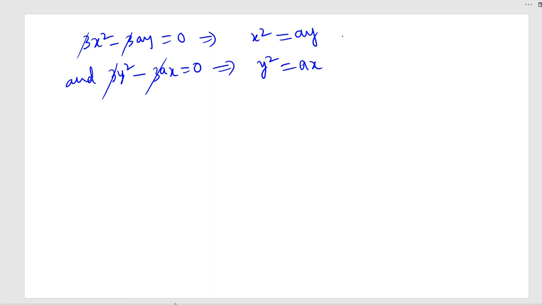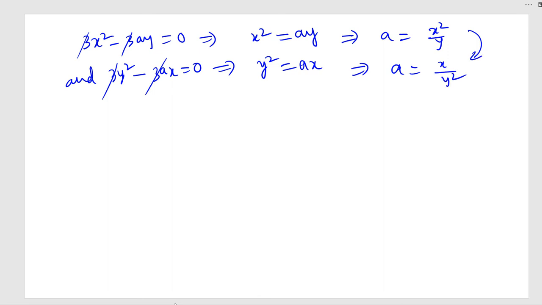So let us try. From here you get a equals x square by y. From the other you get a equals y square by x. If you equate them, then you will get, let us write, a equals x by y square.